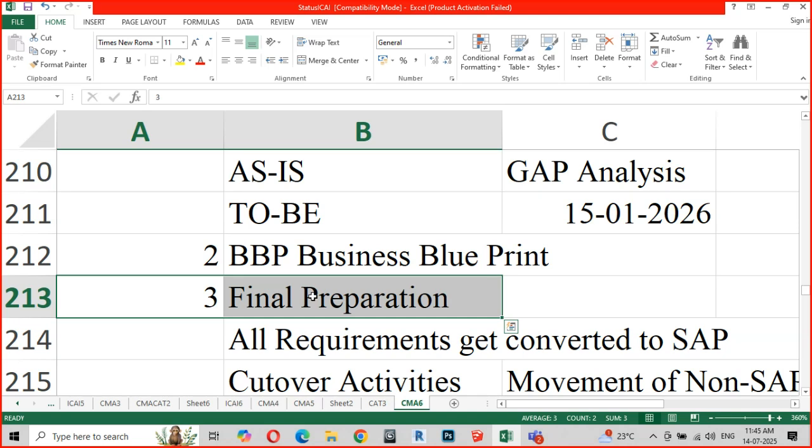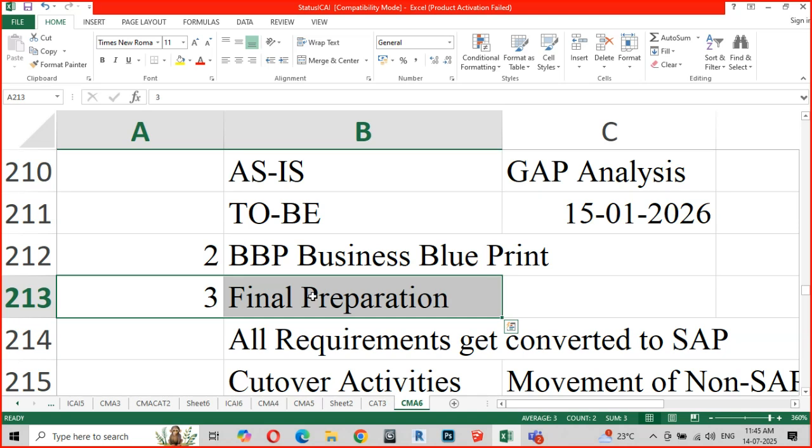Now, what modules do I implement? What should be the size of the team? What should be the hierarchy of the team? Should I have one project manager? Should I have one team lead? How many consultants should I have? Clear? How do I set the budget? What is the budget? Clear? All these things are discussed and the team is finalized. So once the team is finalized, what do I do?